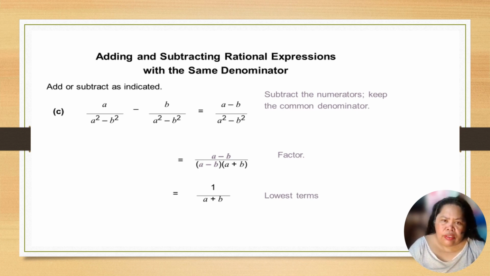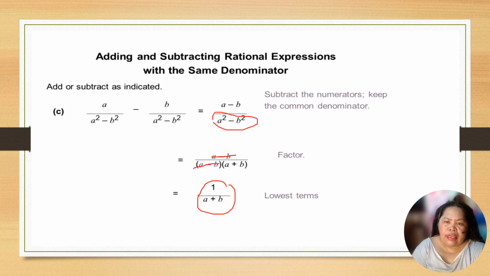This is the common denominator. Then factor: the factors of a squared minus b squared are a minus b and a plus b. Then cancel out the common factor. What remains is 1 over a plus b. So this is in lowest terms.